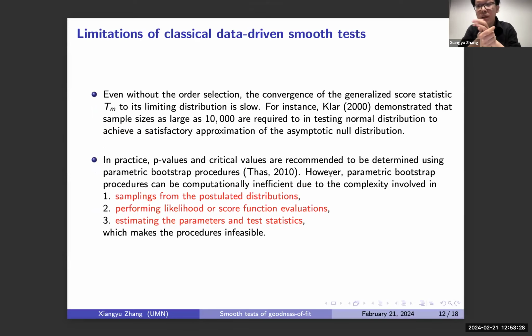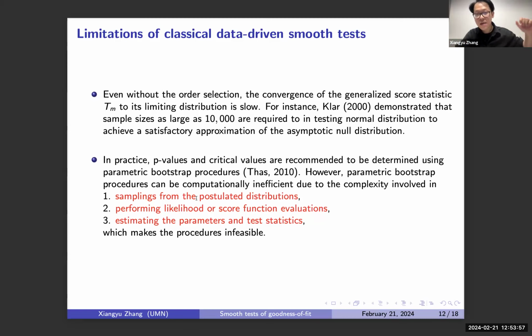One thing we need to mention is that when m is given and beta is known, you do not have to perform the parametric bootstrap. But when you need to estimate your beta or you need model selection, parametric bootstrap is preferred. However, the parametric bootstrap procedure can be computationally inefficient.